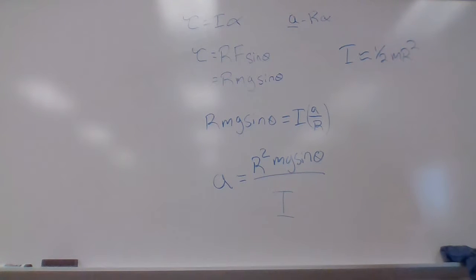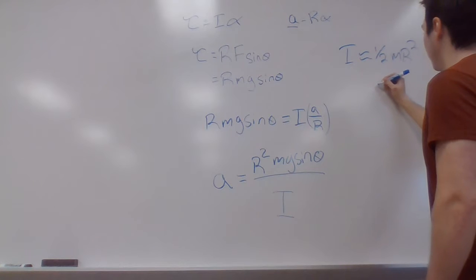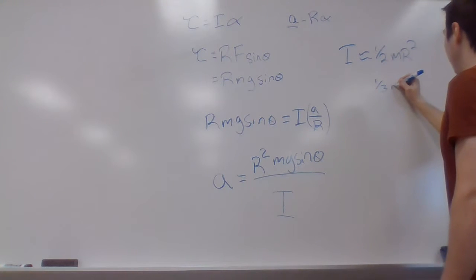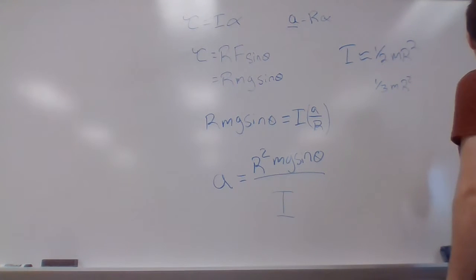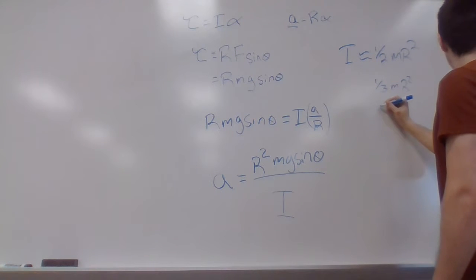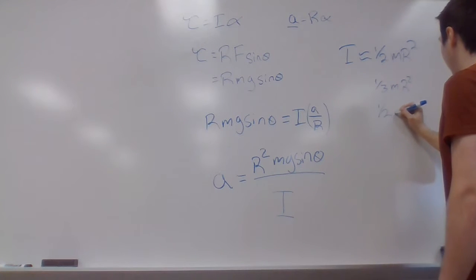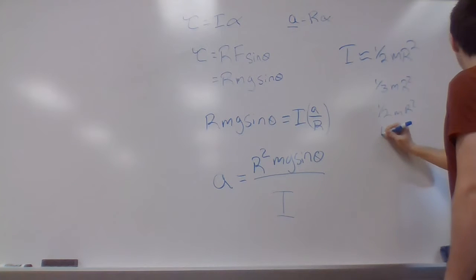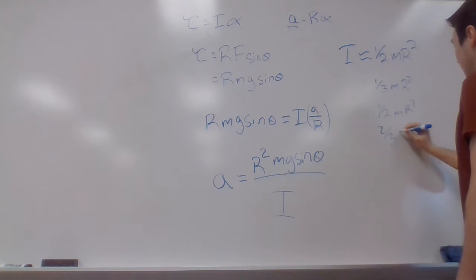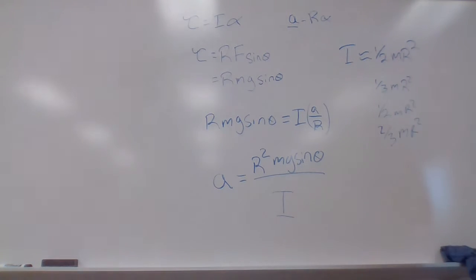For a disk where the mass is very close to the center, it'll obviously have lower inertia, so we'll say that the inertia for disk 1 is 1/3 m r squared. For disk 2, 1/2 m r squared, and disk 3, 2/3 m r squared. So we can see that we have a disk with lower inertia and then higher inertia.